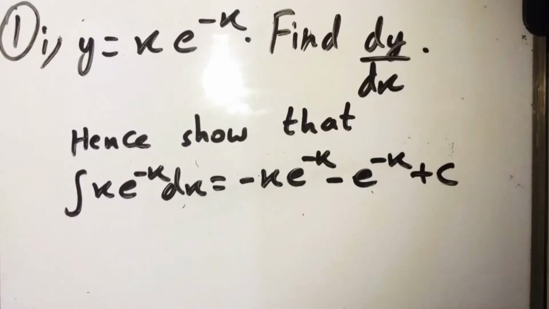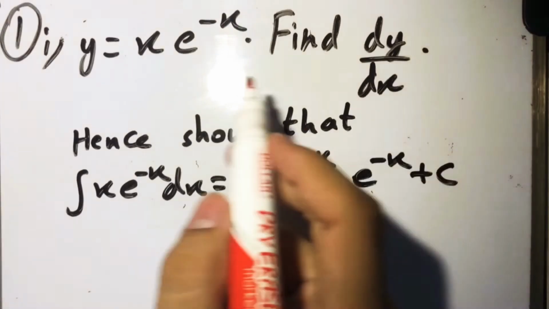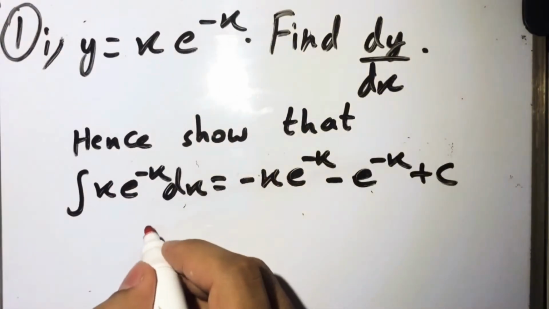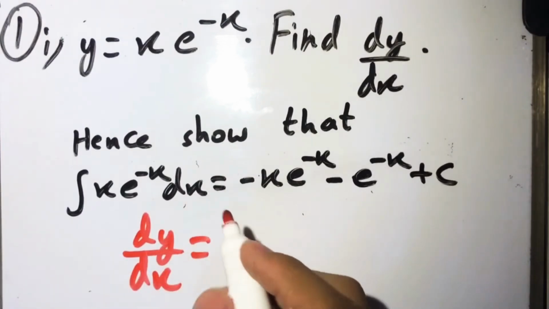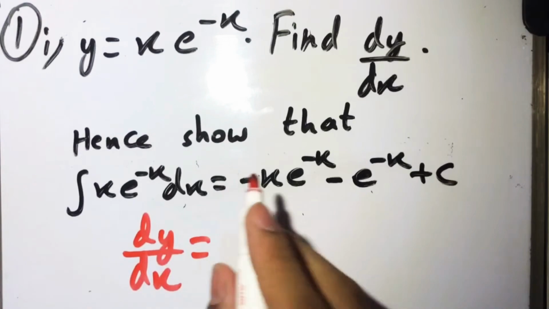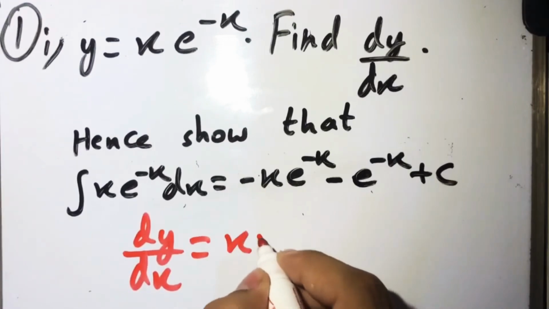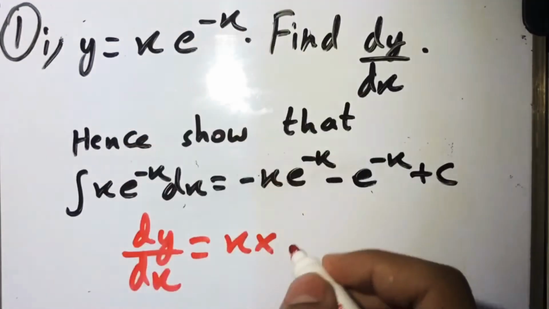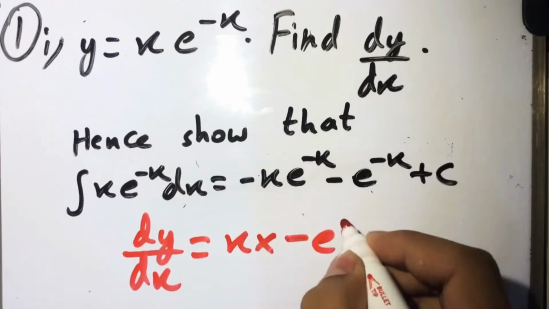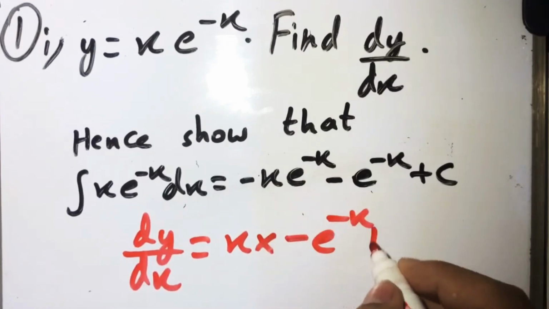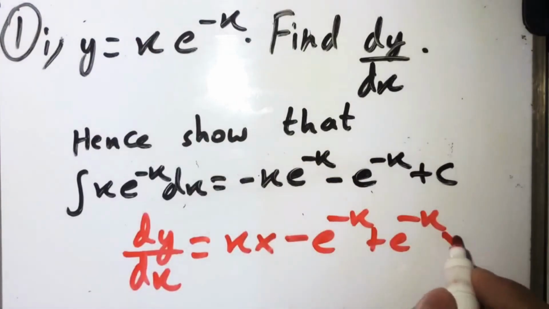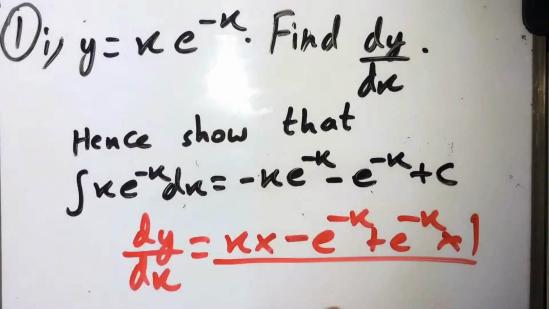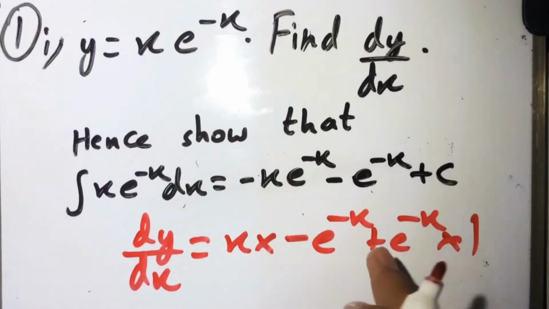This is the first part of the first question. First we have to differentiate this equation. So dy over dx equals, we have to apply the product rule, x into the differential of this, that will be minus e to the power minus x, plus we'll copy down this, and the differential of x is 1, and we'll be adding this here.